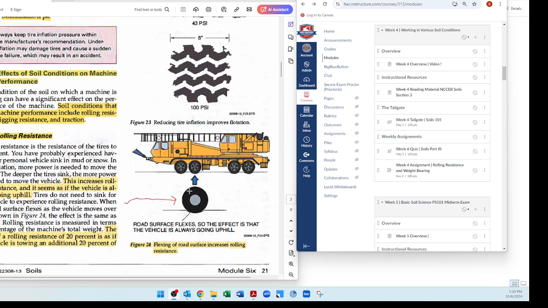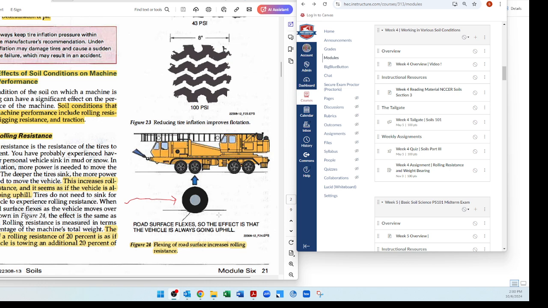However, once you get past that rut, it comes back to even with the surface. Look at this tire. You can see that it's down a little bit. So this little area right here, if it's going in this direction, is where you get rolling resistance. It stays in front of that tire, like a wave in the ocean. As long as that weight is on that tire, this resistance is going to remain. So that's where you get your rolling resistance.